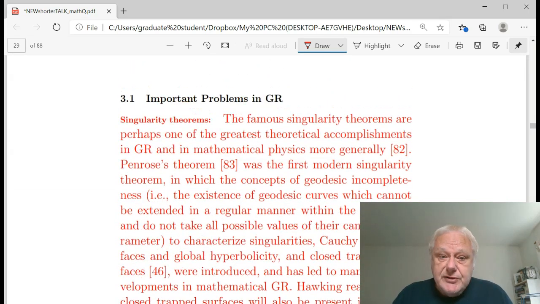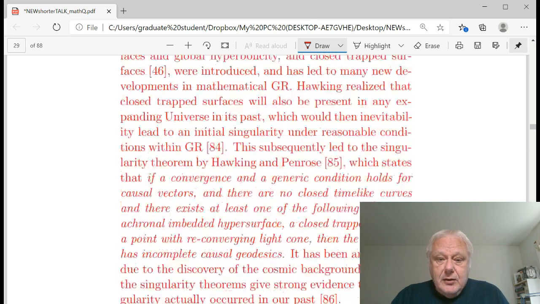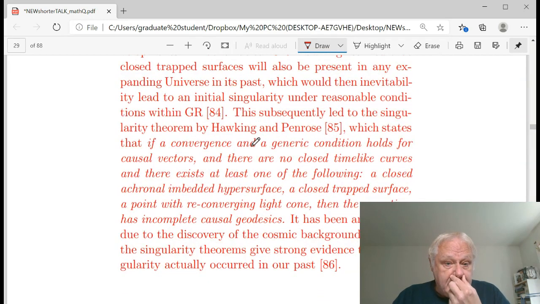Perhaps the most famous theorem in GR, which I'll just state as a theorem, so this is not an open problem, although many open problems still arise from this. So the singularity theorem is perhaps the most important theorem, possibly even within mathematical physics itself. Penrose was the first person to talk about singularity theorems and prove a theorem. Hawking later applied the mathematical results of Penrose to situations in cosmology, and the book by Hawking and Penrose perhaps summarizes the status of the singularity theorems best.